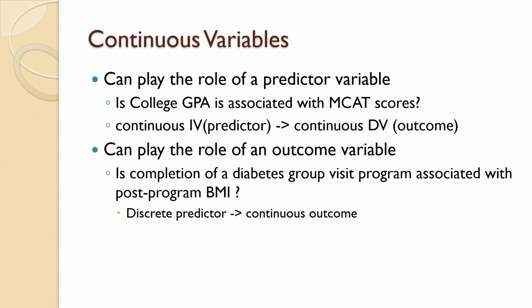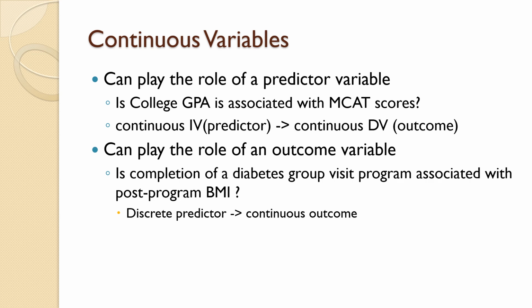If you have a continuous predictor variable and a continuous outcome variable, like is college GPA associated with, in this case, MCAT scores, then the test is driven by continuous predictor, continuous outcome. In that case, you can either do a correlation or a regression if it's really set up as a predictive association like this one.